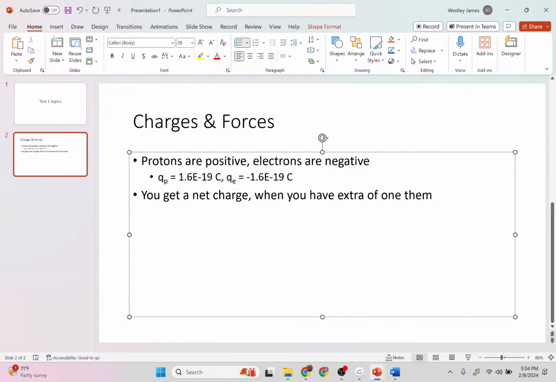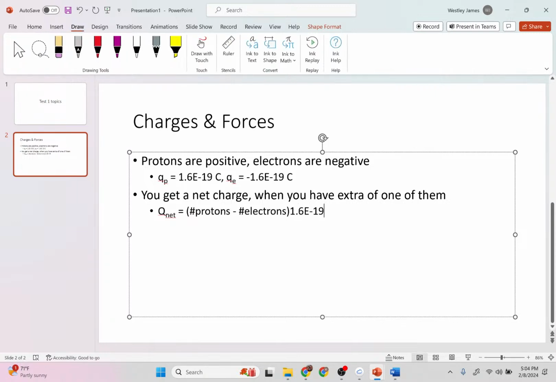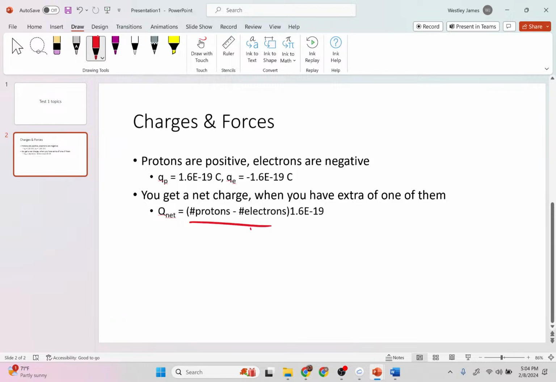The equation for this one was Q net equals number of protons minus number of electrons times 1.6e to the minus 19. This part here literally just says how many extra. And we've done some problems with that.